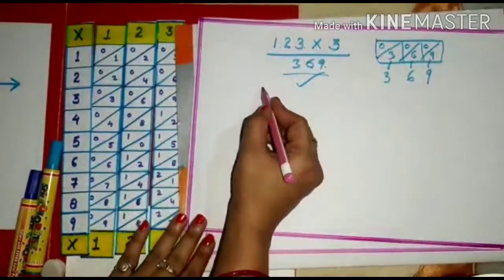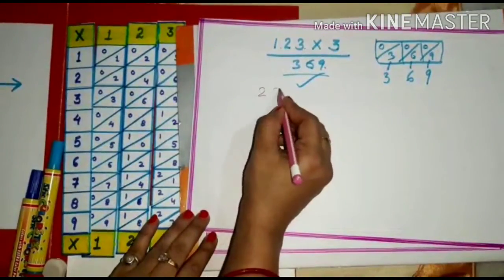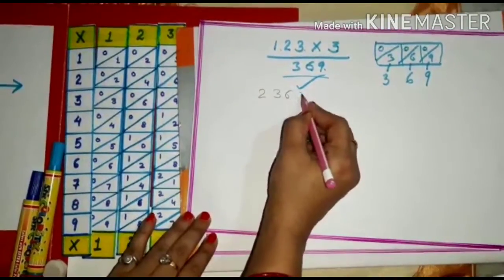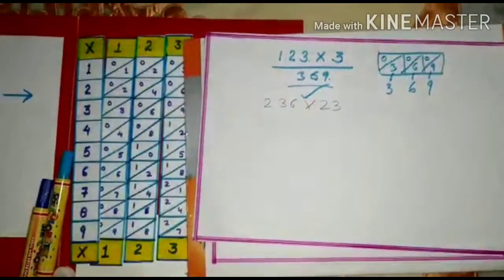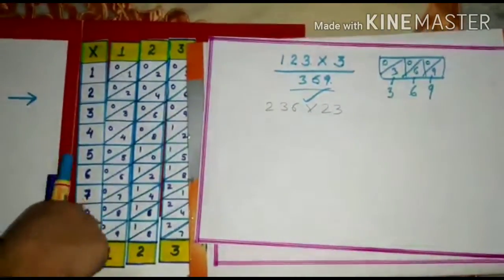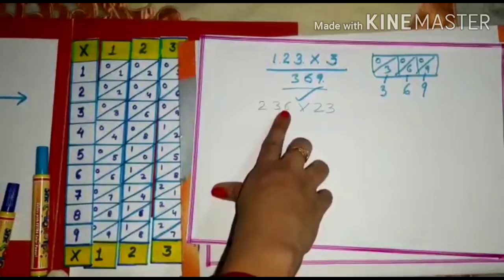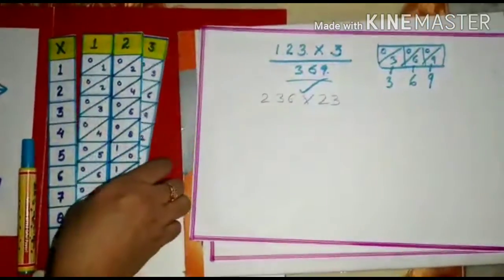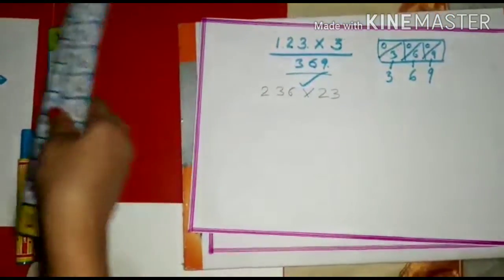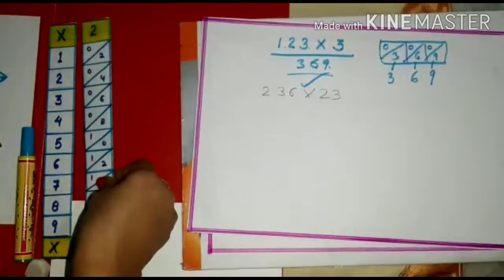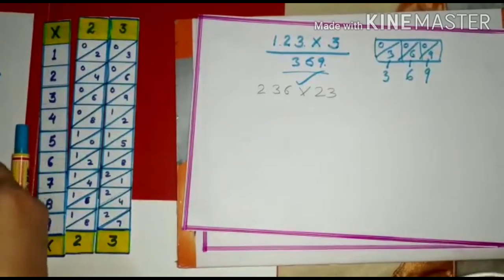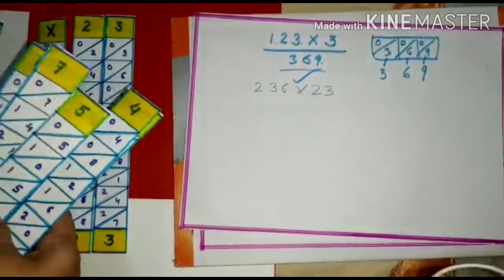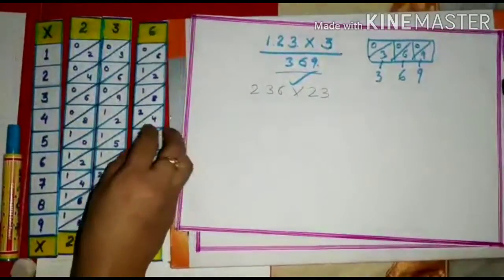Now I am going to multiply 236 by 23. For this we require the 2, 3 and 6 cards. Let's remove 1. I require 2, then 3 and after that 6. So here is my 6.